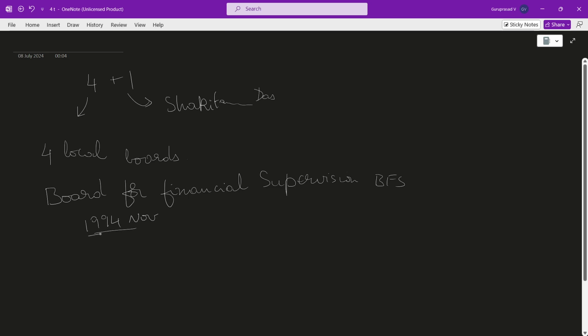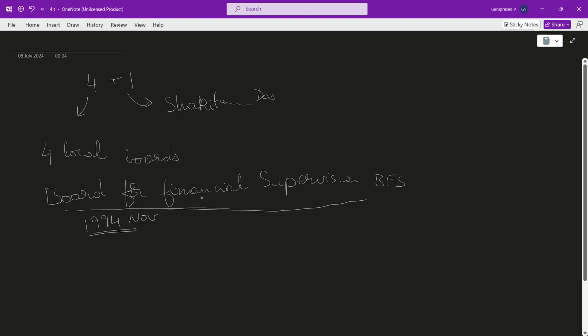This would regulate all the banks. The RBI also does the same work, but this is an independent board under RBI, and the supervisory function of RBI is done under the guidance of the Board for Financial Supervision.